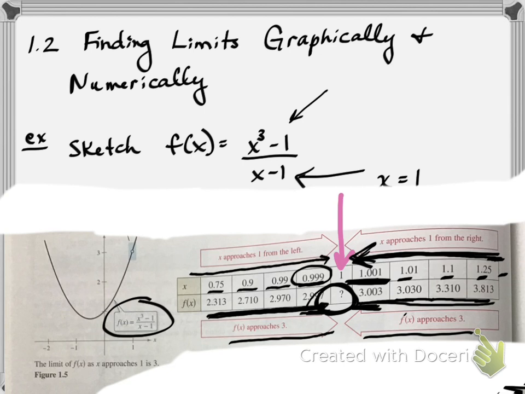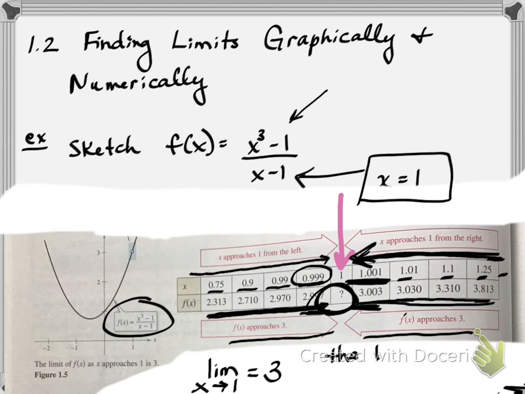So we are approaching the same number from both sides of the number that we were in question about. Then we could say that the limit as x approaches 1 is 3.